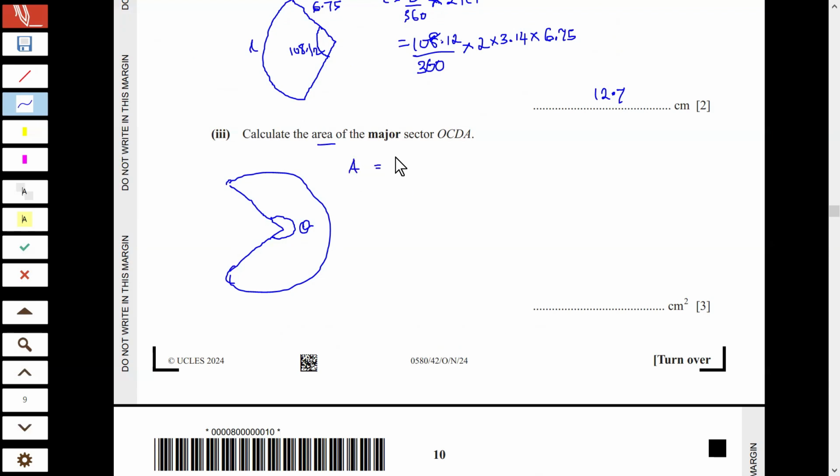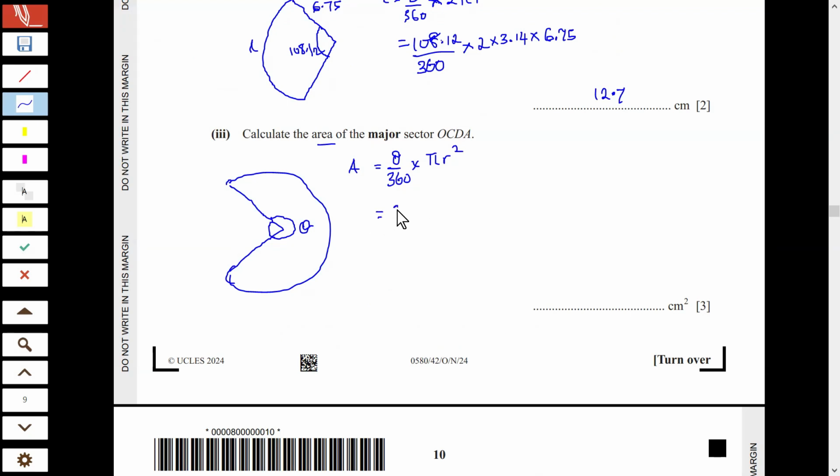theta over 360 times pi r squared, where theta will be the reflex angle here. So to find the exact theta for the major arc, we have to subtract the angle of the minor sector from 360.